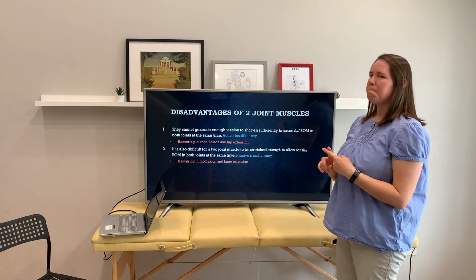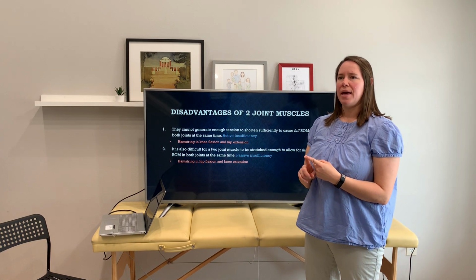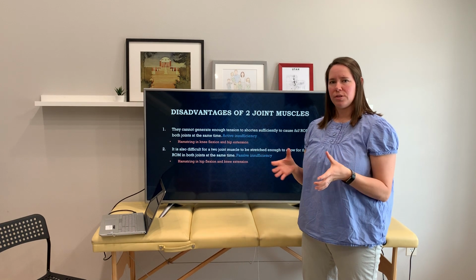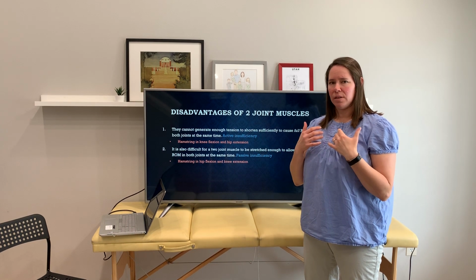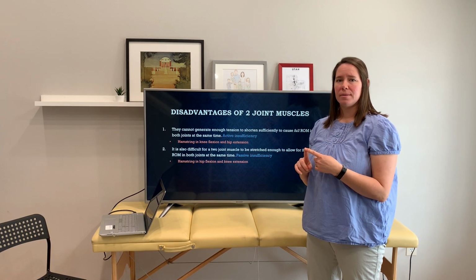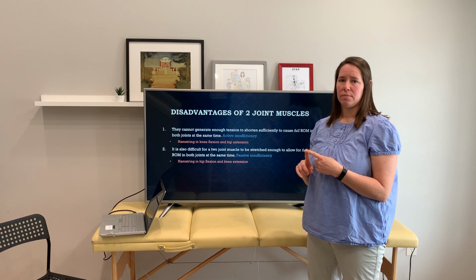So basically, active insufficiency means that you cannot generate maximum force in that muscle actively, meaning me trying to do that, if the muscle is shortened over both of the joints.